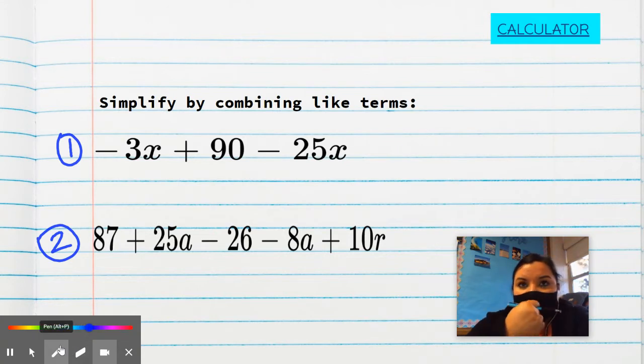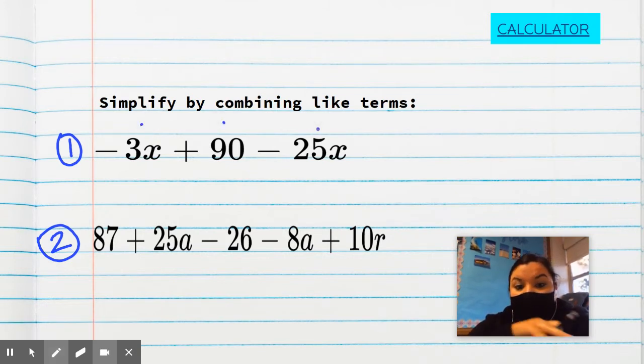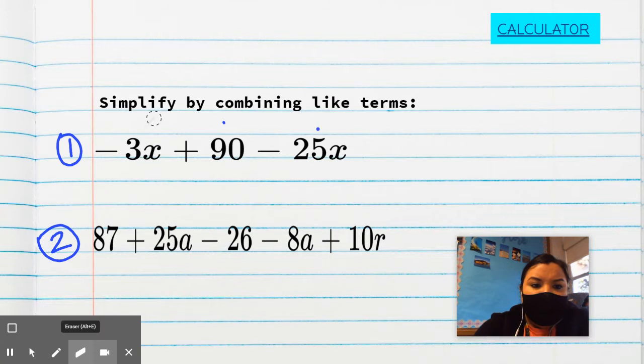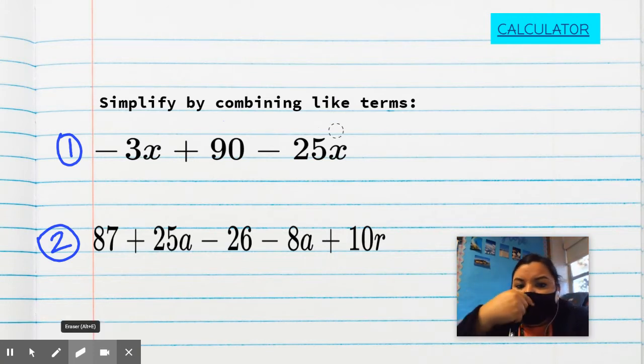So we look at from the previous slide where we were combining the like terms. Here I have 1, 2, 3 terms because they're all separated by plus and minus signs. And so what we're going to do here is find what do I have that's the same. So in other words, that has either just a plain number with no variable or letter, or which one looks, well, like the same, right?